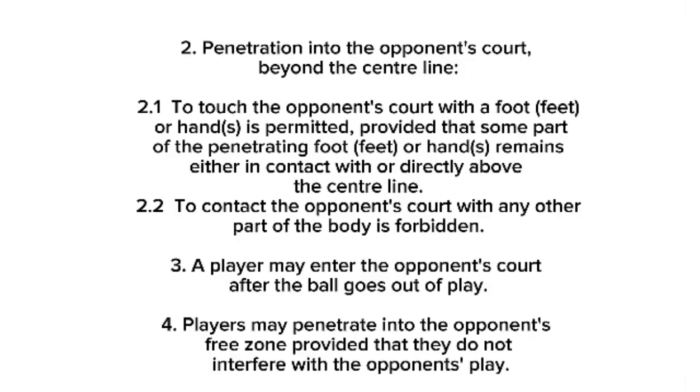To contact the opponent's court with any other parts of the body is forbidden. Number 3. A player may enter the opponent's court after the ball goes out of play. Number 4. Players may penetrate into the opponent's free zone provided that they do not interfere with the opponent's play.